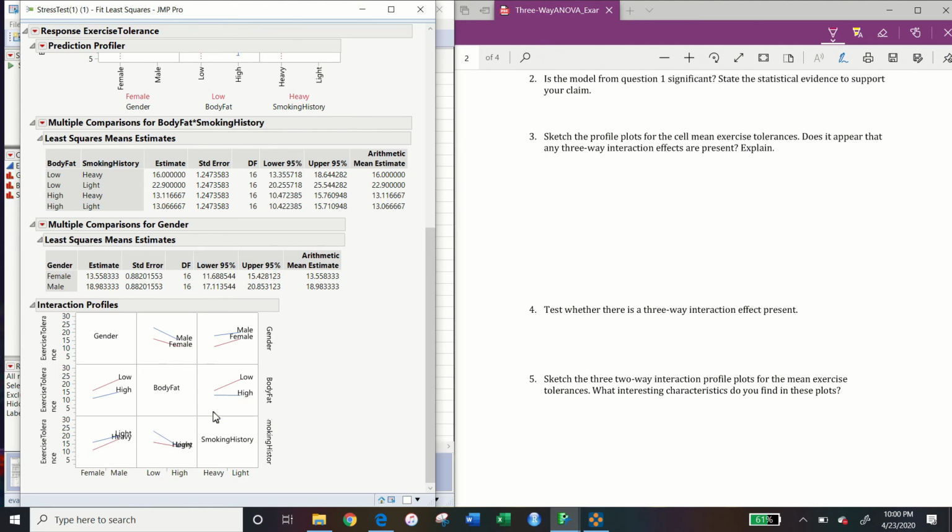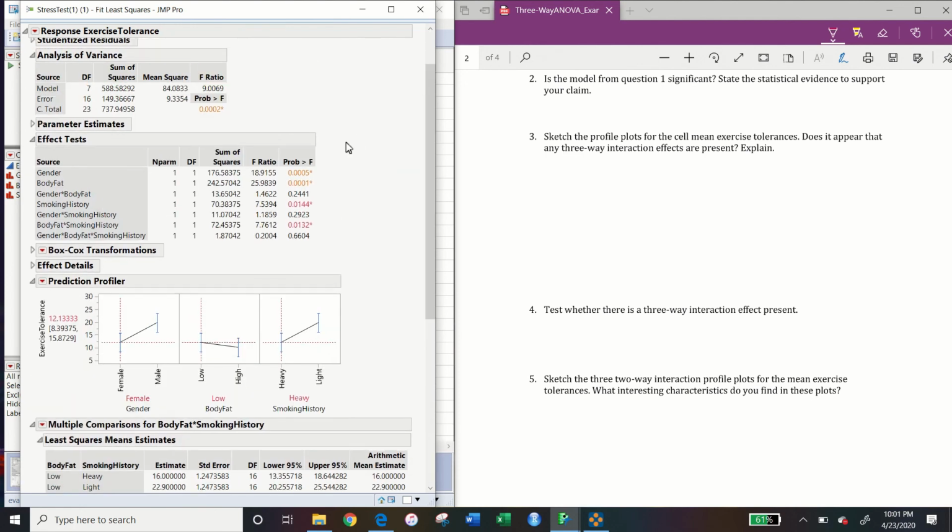We have lines that are more parallel, like, say, body fat and gender. That means we're not going to see much of an interaction effect. Although I suppose it looks like gender and smoking might be having even less of an interaction effect. But remember, you can also see this numerically when we look at the effects test.